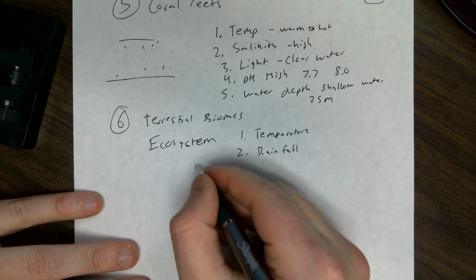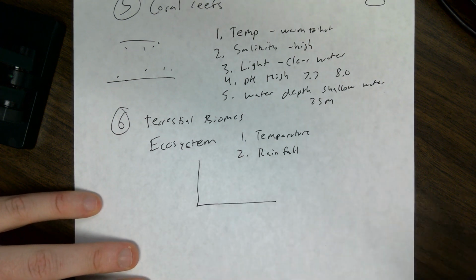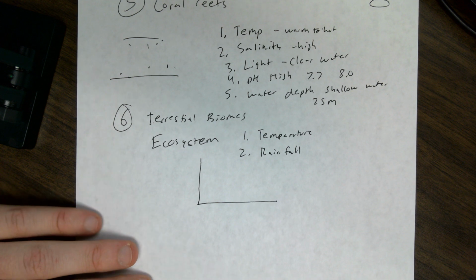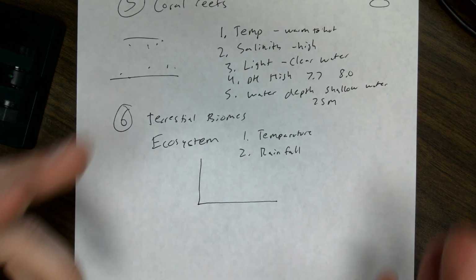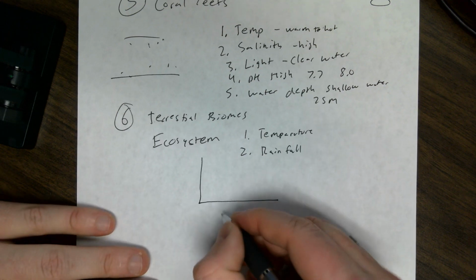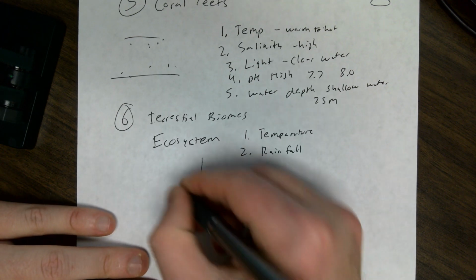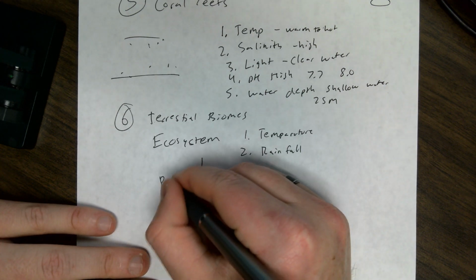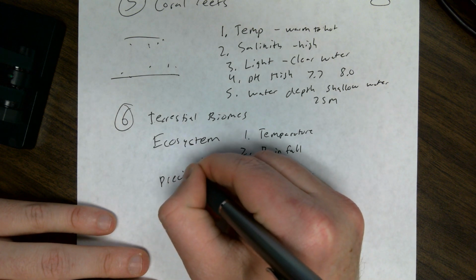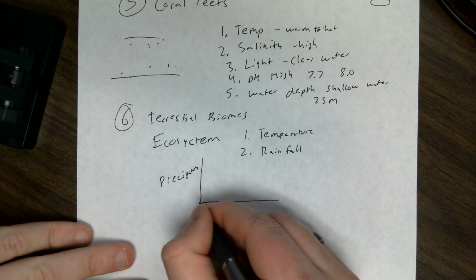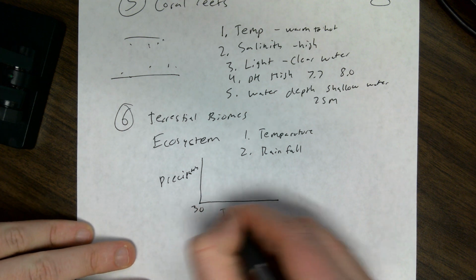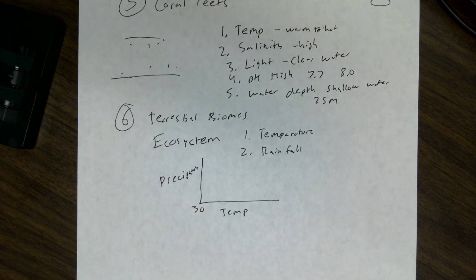And so we looked at graphs that look like this. We specifically looked at Whittaker's climate graph, as well as climate graphs where they're both on the y-axis. If you do it like this, with temperature here and precipitation here, you need to look at it carefully, because on Whittaker's climate graph, they actually start with it here, and then it goes in this direction, and it gets colder as you go.